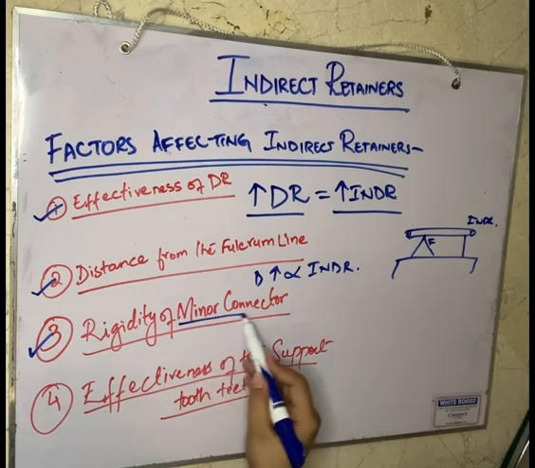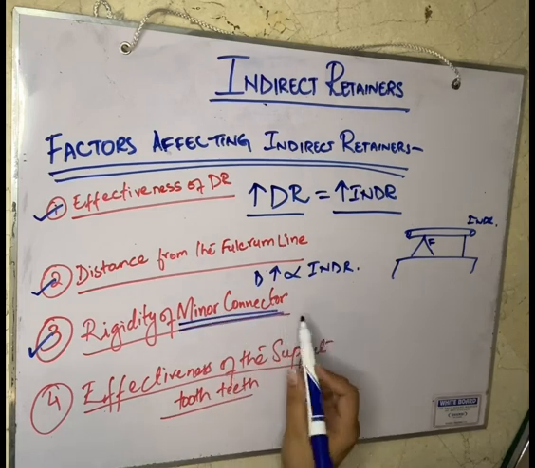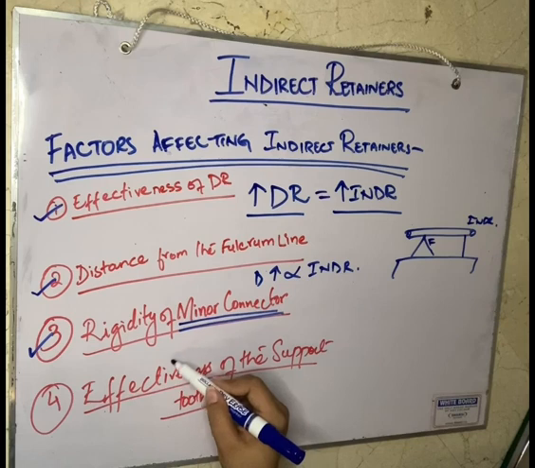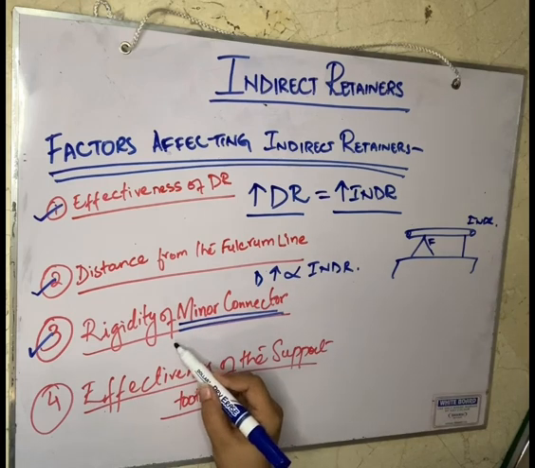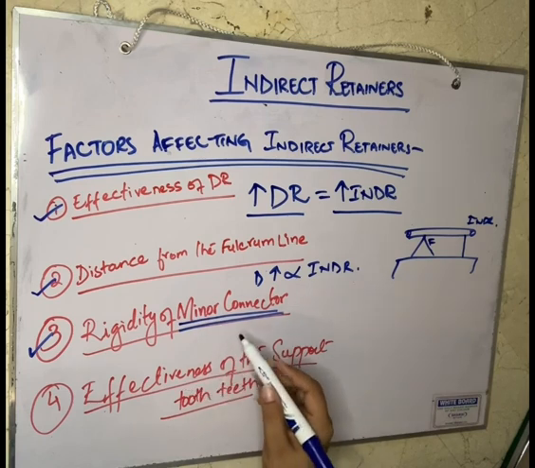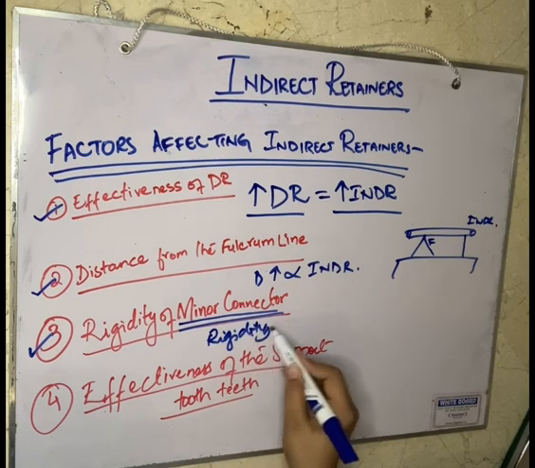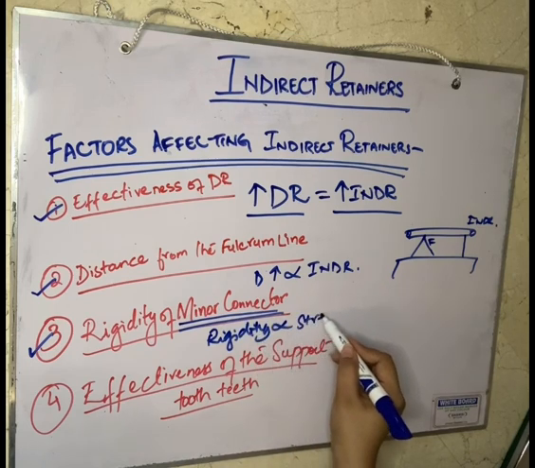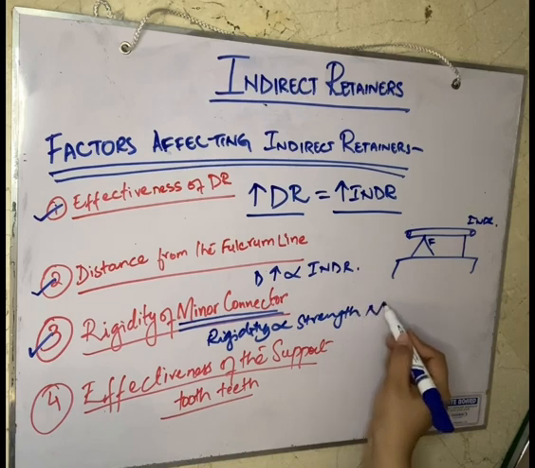So only if the minor connector is working properly will there be a successful transfer of forces from the occlusal rest to the major connector. So hence rigidity is directly proportional to the strength of the minor connector, right?